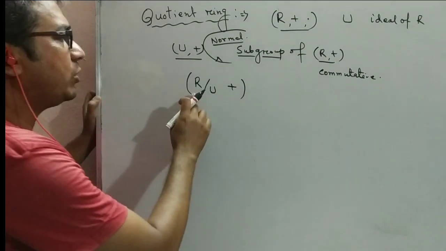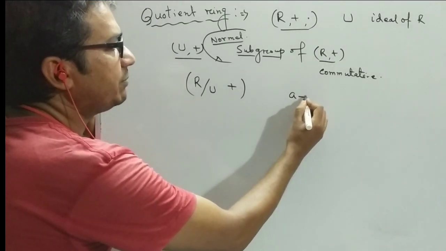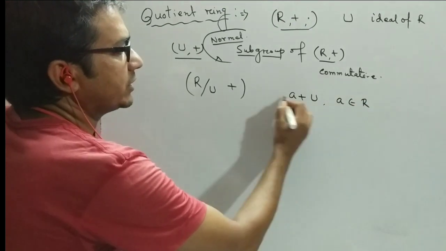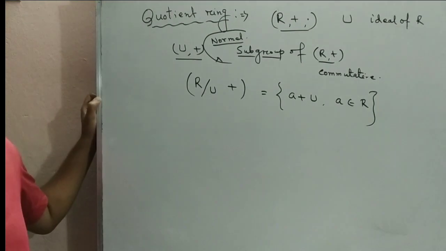Here the element of R by U is of the form A plus U, where A belongs to R, right? This is the element of R by U.